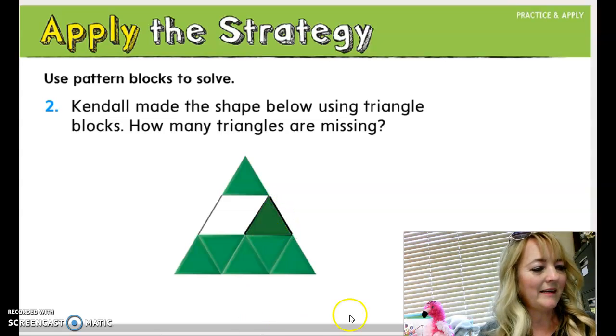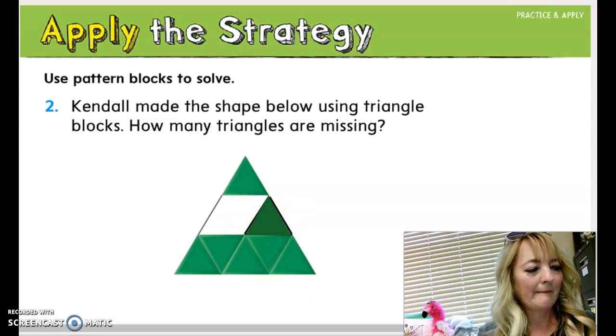Okay, then we'll add another pattern block. What about right there? And then trace around it again. And then another pattern block. Oh, moved the wrong one.